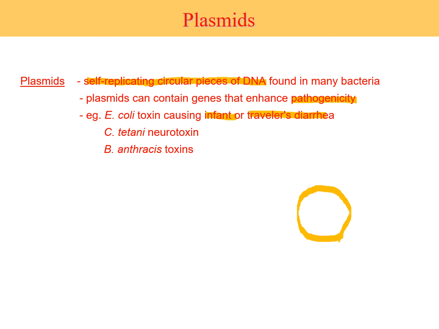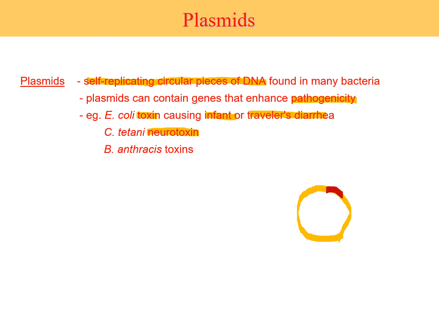And that toxin is typically expressed in a gene within a plasmid. Clostridium tetani contains a neurotoxin. Clostridium tetani is the organism that causes the disease tetanus, and it is due to a neurotoxin.